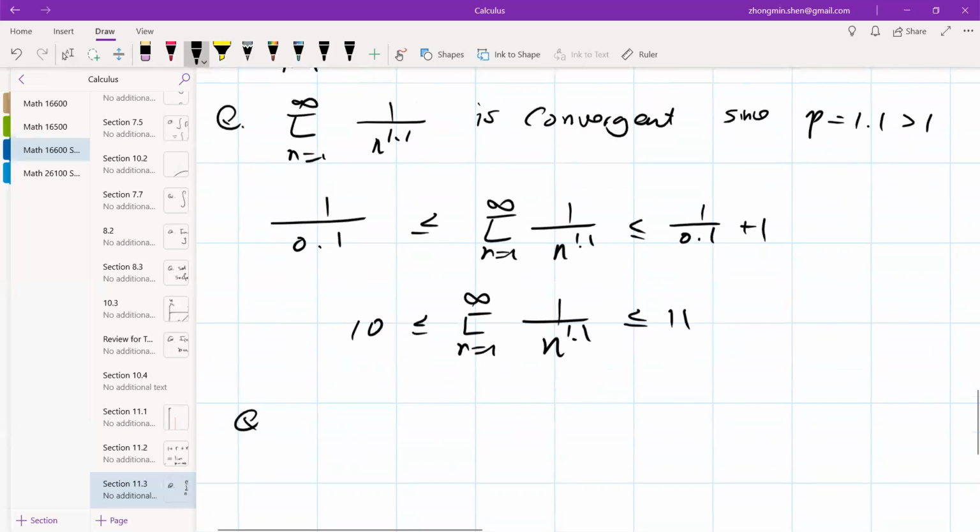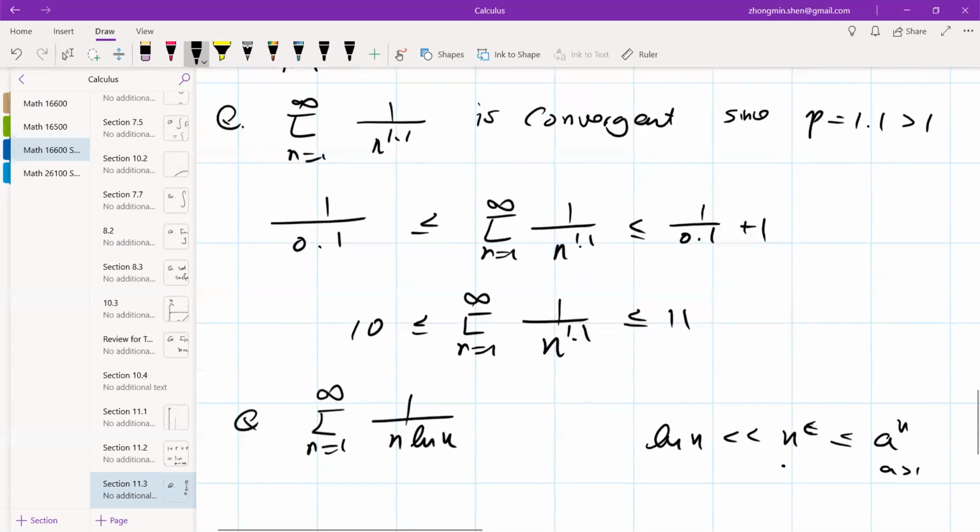How about this? n natural log of n. Because n compared to natural log of n are not on the same scale, okay? A decay scale, the growth scale. So natural log of n is smaller than n to any small positive power, smaller than n to the epsilon, okay?